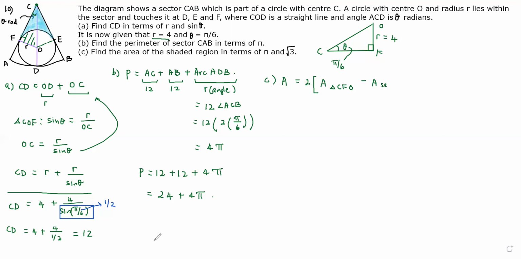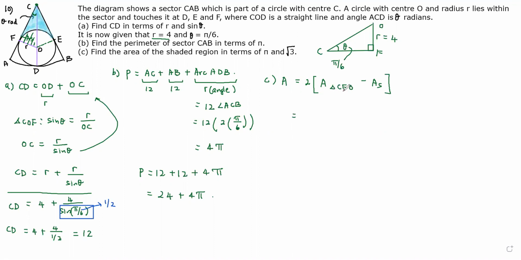Let's call this A sub S. Then this will give you the area of the entire shaded part. We consider one of them, since it is perfectly symmetrical.